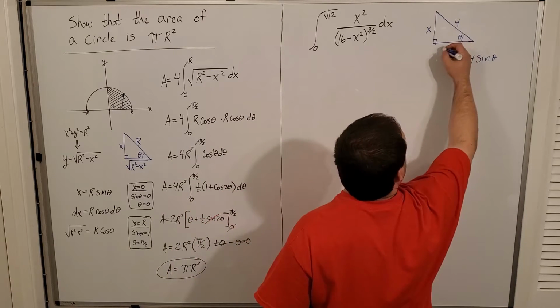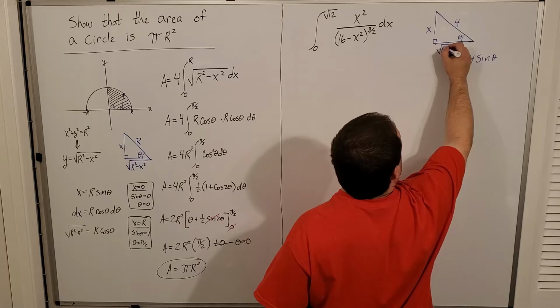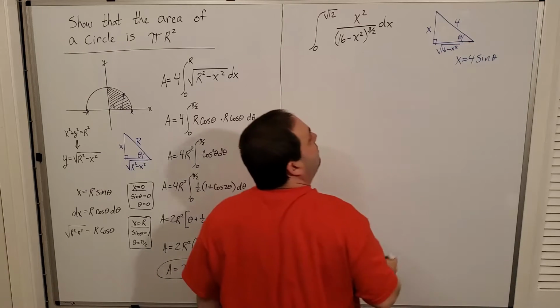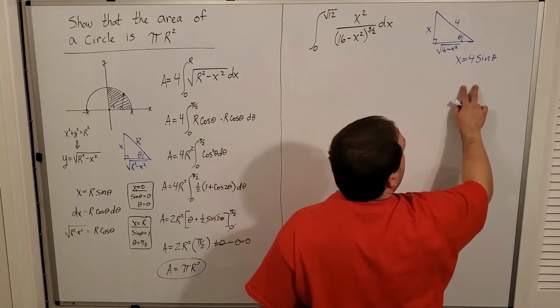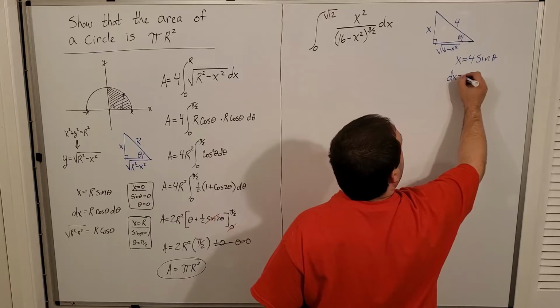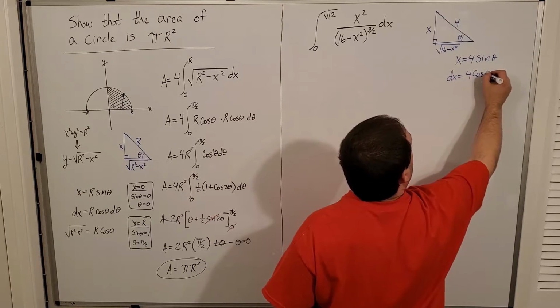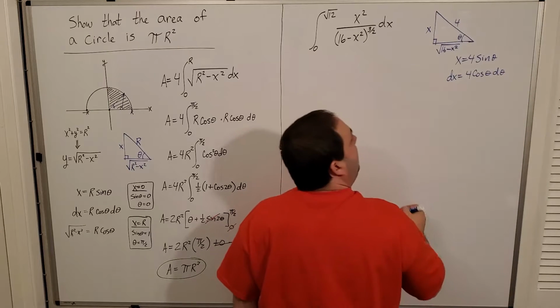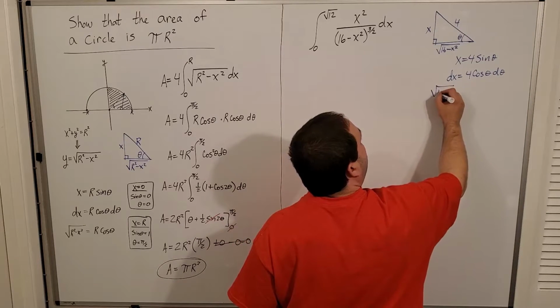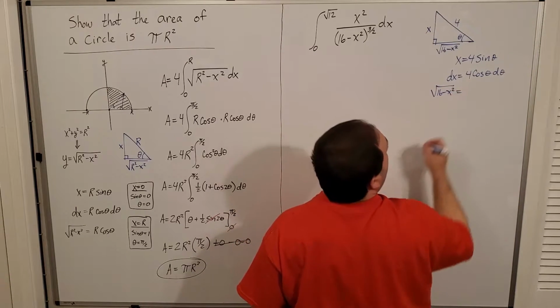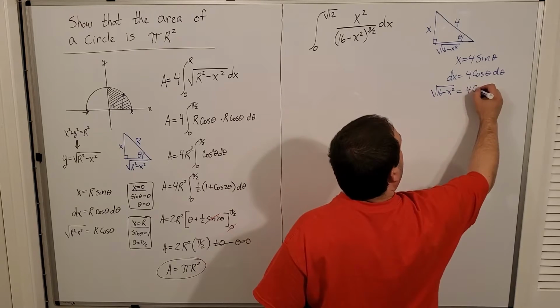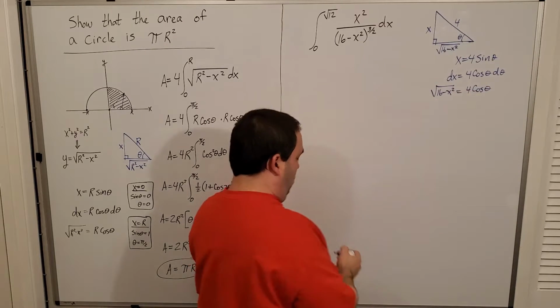That, of course, means that the bottom here is going to be the square root of 16 minus x squared. And I can finish out my substitution. dx is going to be 4 cosine theta d theta. And the square root of 16 minus x squared is going to be equal to 4 cosine theta as well.